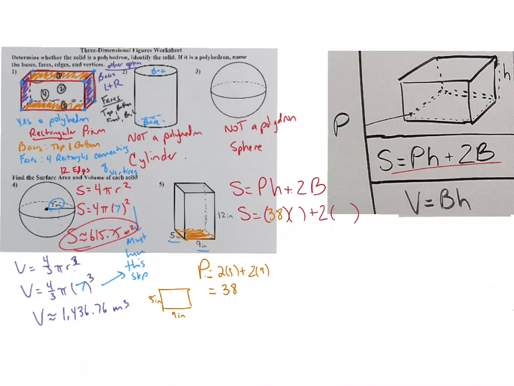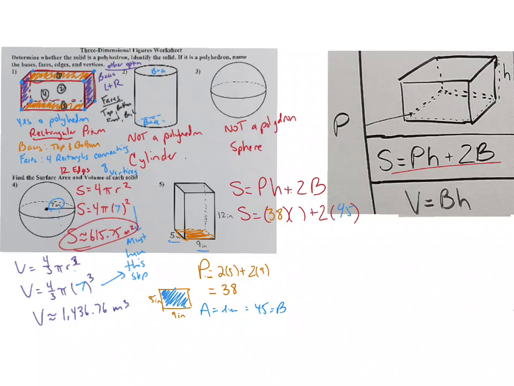Now the area, that's going to be the inside of this. So that's 5 times 9. So the area of this is base times height, or length times width. So my area is going to be equal to 45, because I did 5 times 9, square inches. I'm going to put the area, remember that's big B, right here.